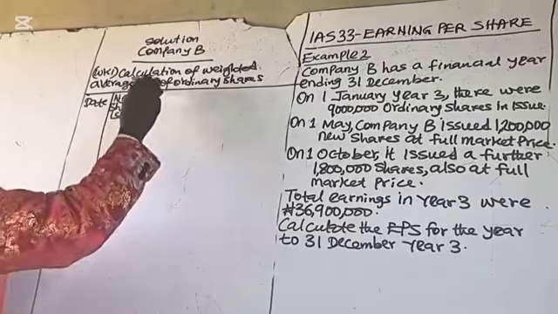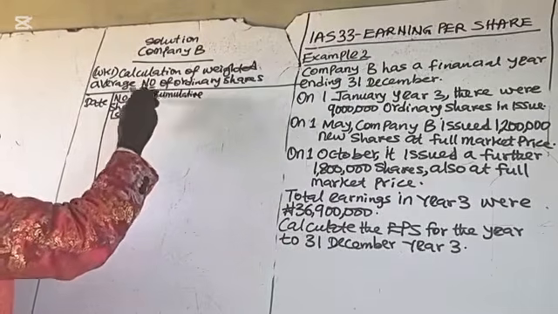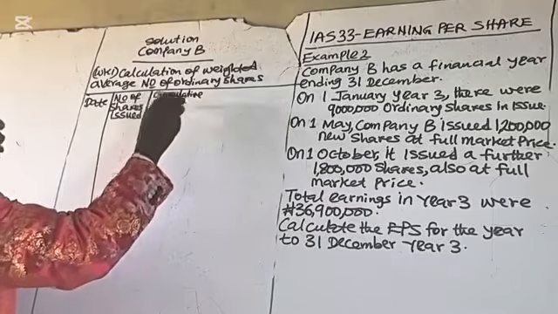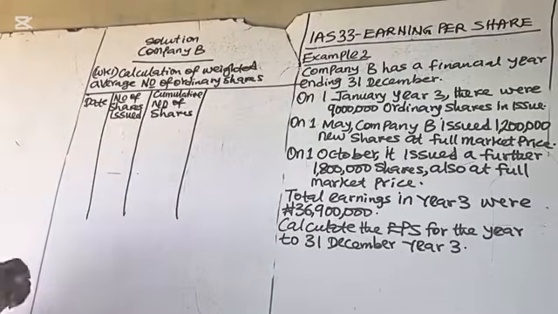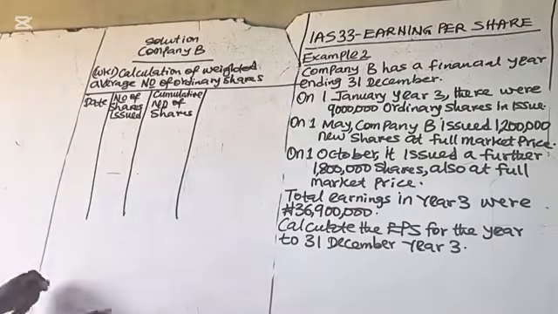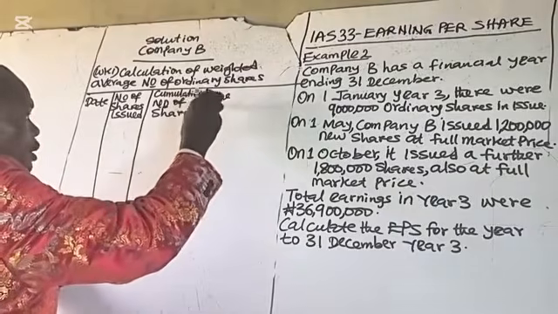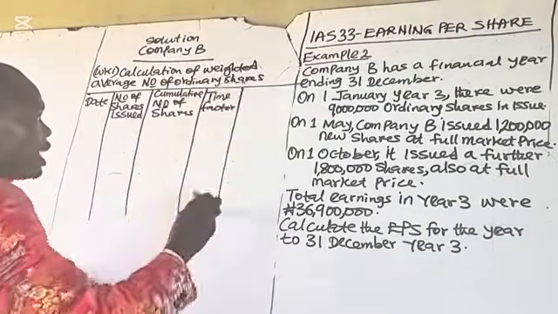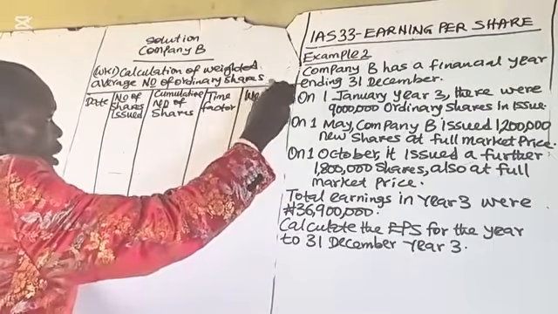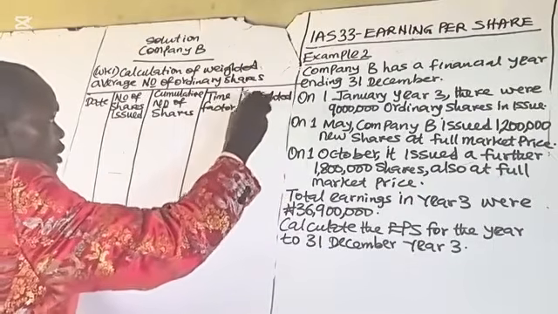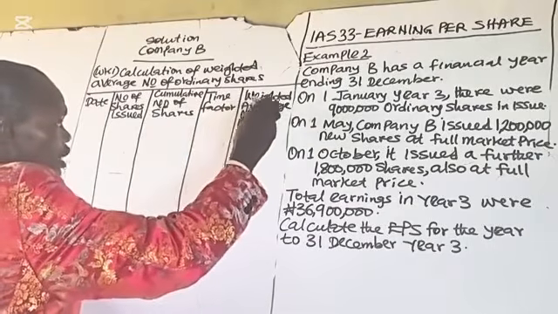Then you have cumulative number of shares. Then we have time factor. Then we have weighted average number of shares.